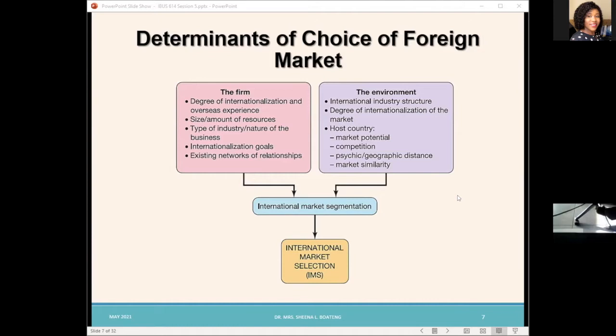So these elements relating to the firm encompass the S and W of the SWOT acronym, which refer to strengths and weaknesses.